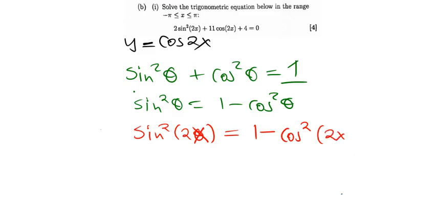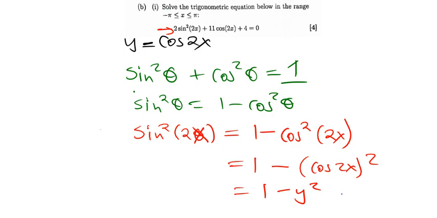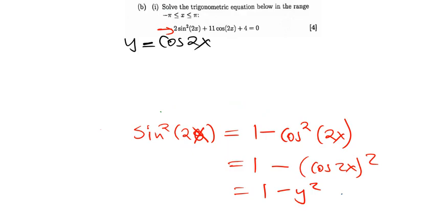Okay? So this is going to be a very essential formula to help us deal with what we are working with. And so don't forget that we've got this part in that equation, 2 sine squared of 2x. We want everything to be in the form of y. This part, cosine squared of 2x, can be written as cosine 2x to the power 2, so that we can just have 1 minus y squared.